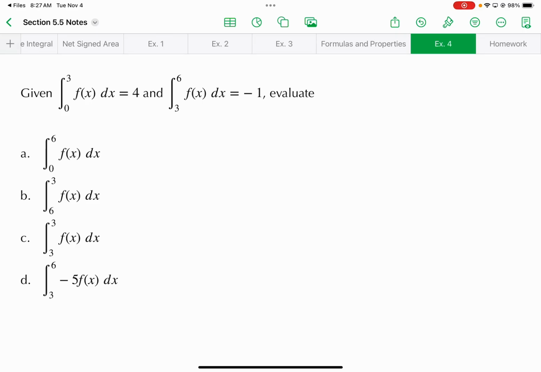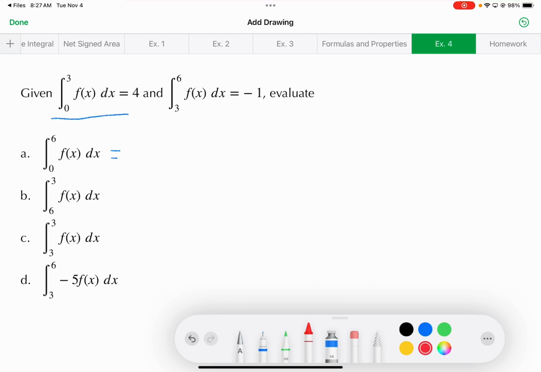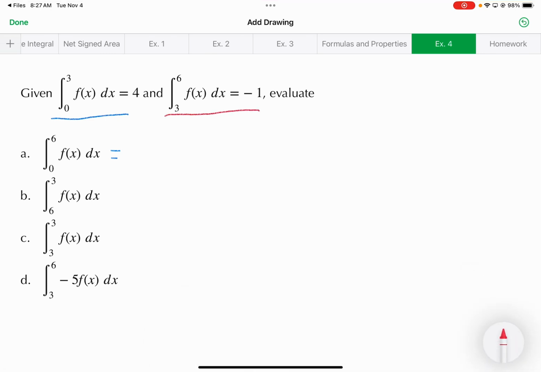All right, so given the integral from 0 to 3 of f of x dx equals 4, and the integral from 3 to 6 of f of x dx equals -1, let's evaluate our following integrals. So essentially we use both of these as reference in order to find what we want, because we don't know what f of x is. So the best we can do is just use them as reference, okay?